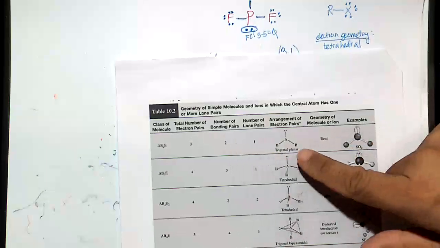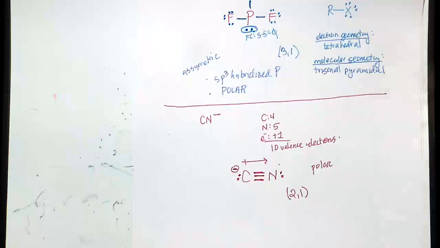Okay, bent. There we go. 2 bonds and 1 lone pair is bent. So that's the geometry there.